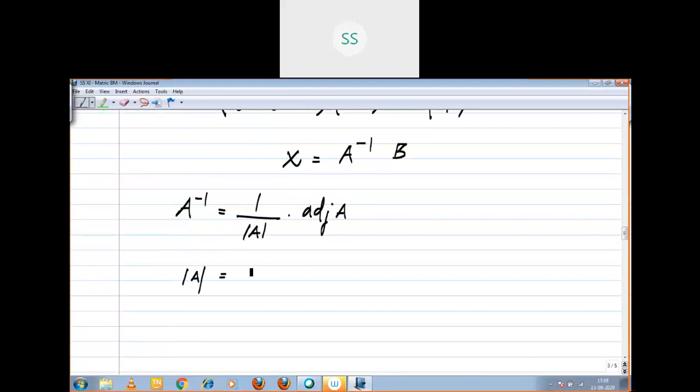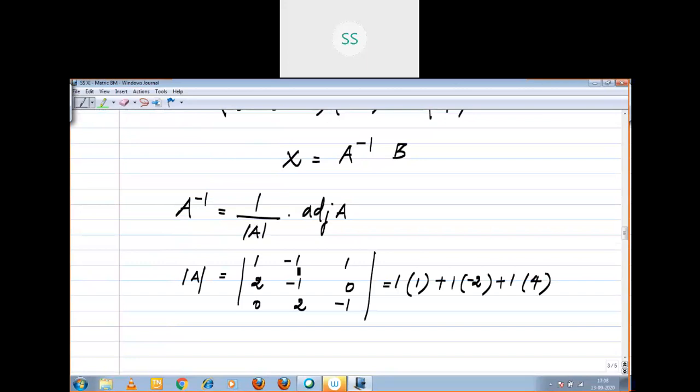Determinant A equals the determinant of 1 minus 1 1, 2 minus 1 0, 0 2 minus 1. Now 1 into 1 plus 1 into 2, sorry, minus 2 plus 1 into 4.